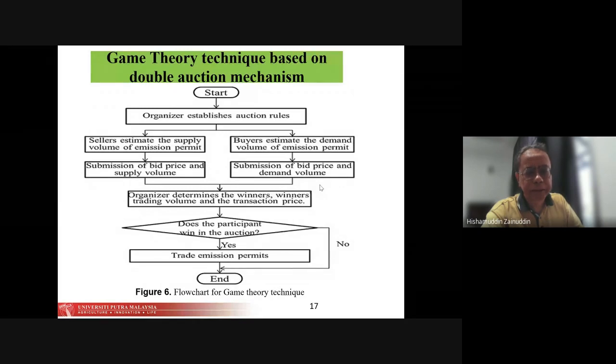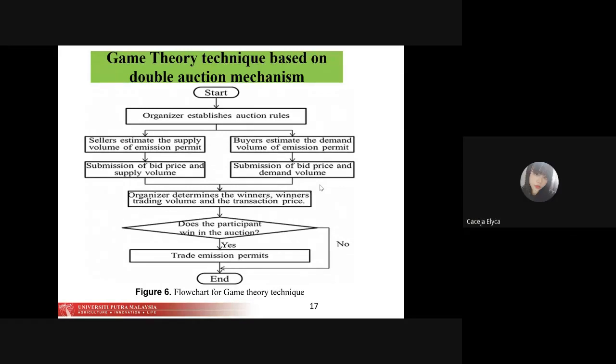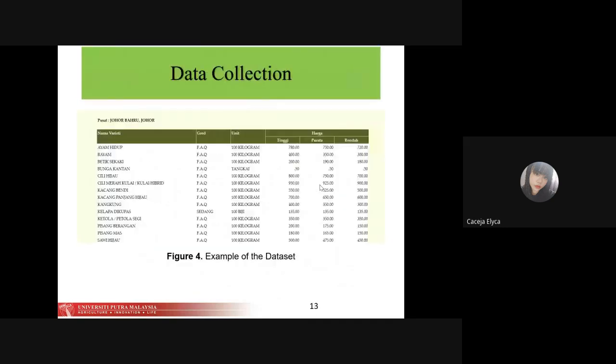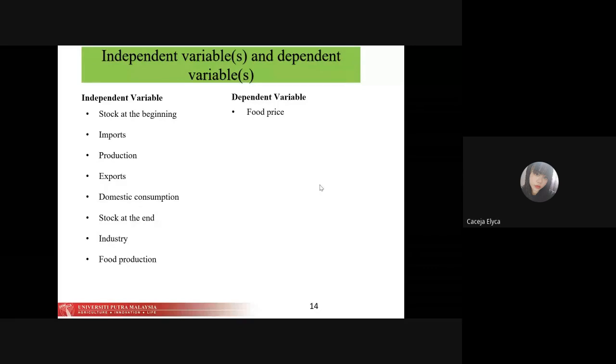So you're considering those kinds of factors? Yeah, I will try to consider other factors. That's why in the price prediction we will see other factors that will be used in the game theory technique, like imports, production, demand, and supply.